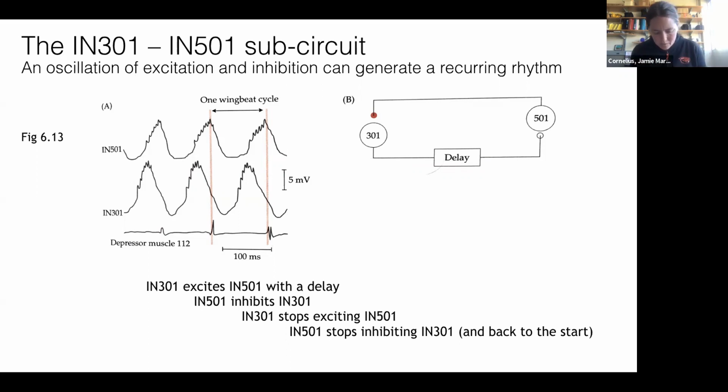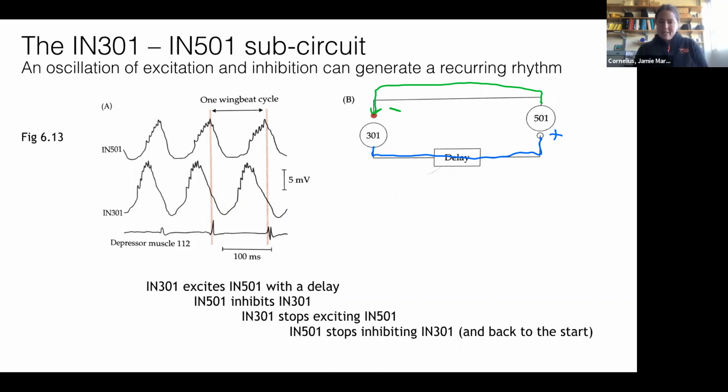So you've got 301 exciting and causing an EPSP in 501. 501 then inhibits 301. So already now 301 fired an action potential, which excited 501, which turns off 301. So you've got kind of one cycle of activity there.